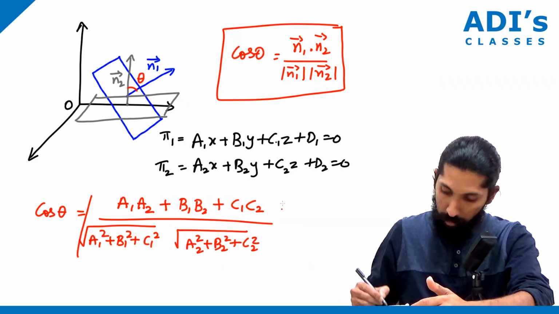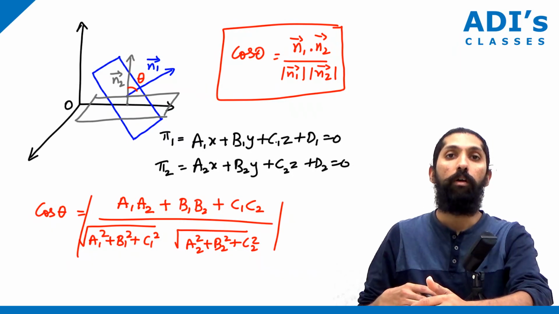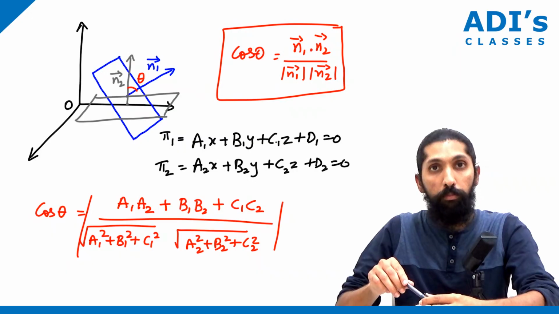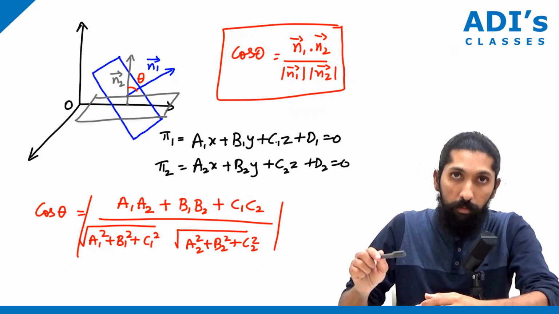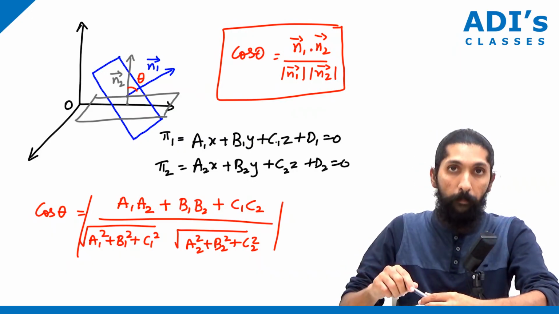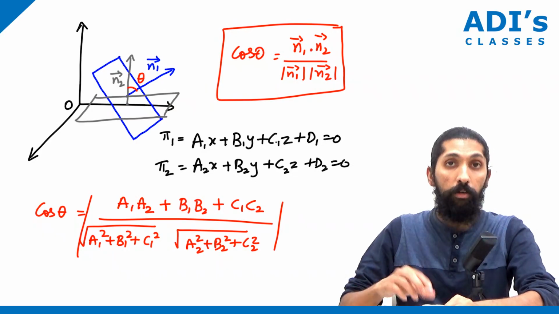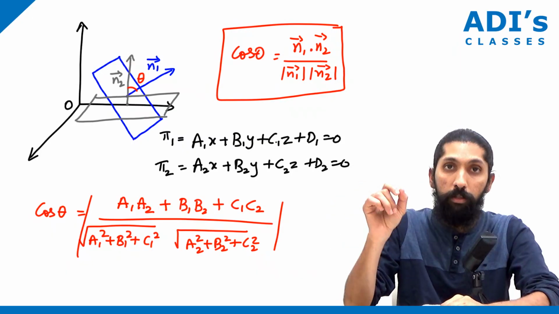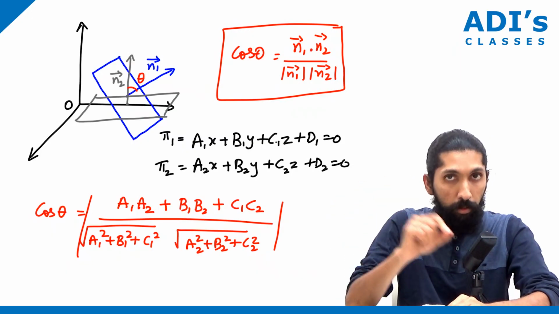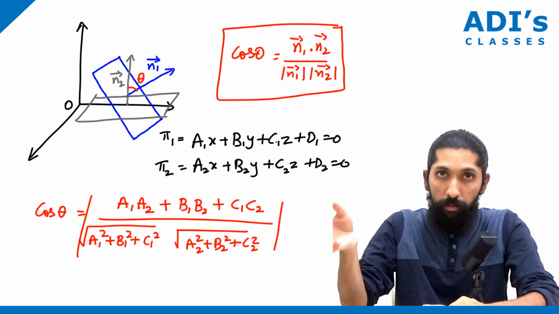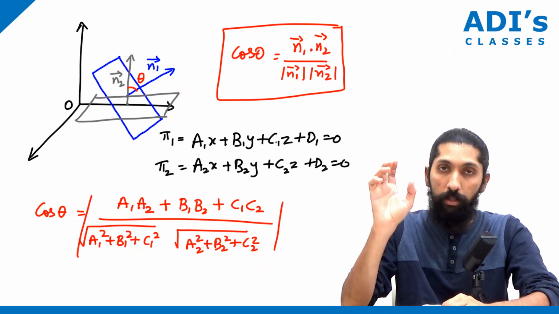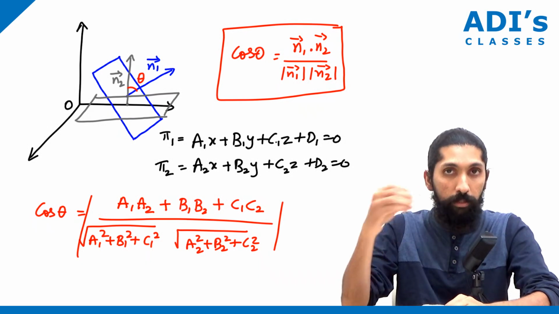Of course, modulus of this. This is going to give us the angle between the two planes in the vector form or in the Cartesian form. Fair enough? Now remember, the angle between the two planes is the same as the angle between the two normals corresponding to the plane. Whatever it is, however it is, it's always the angle between the normals. Fair enough? So this is how we get the formula.